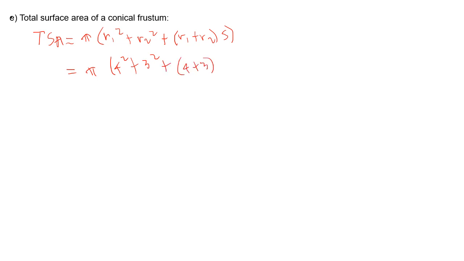TSA equals pi times (R1 squared plus R2 squared) plus (R1 plus R2) times S, equals pi times (4 squared plus 3 squared) plus (4 plus 3) times 5.09, equivalent to 190.47 feet squared.